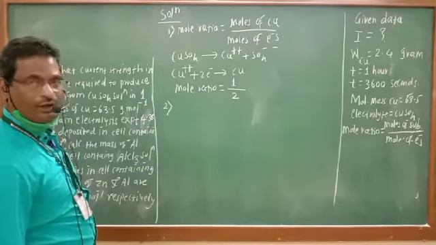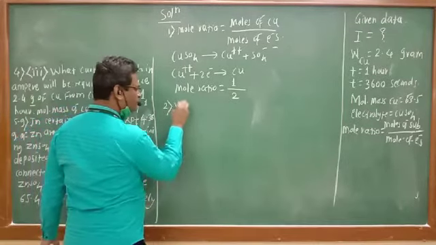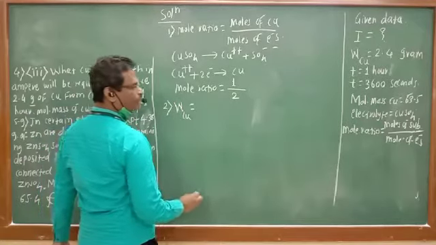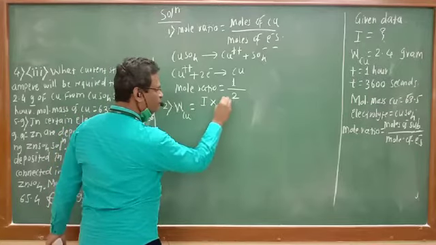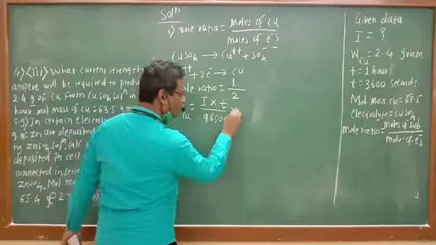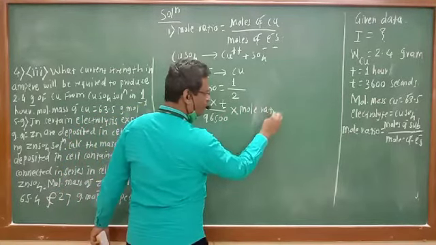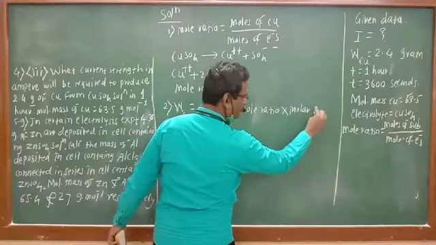The weight of the substance, that is weight of copper, will be equal to I into T divided by 96,500 multiplied by mole ratio multiplied by molar mass.